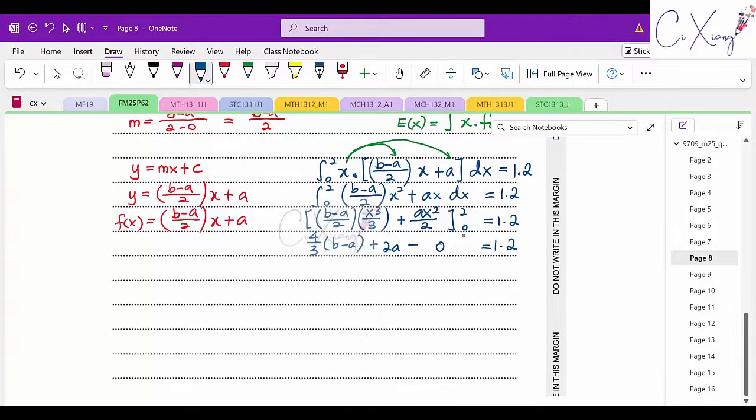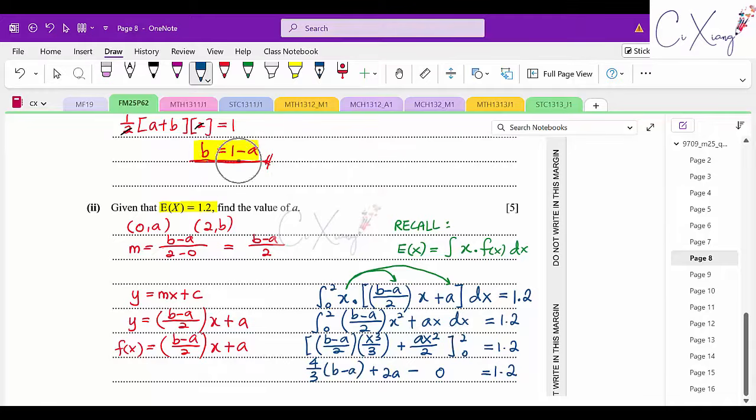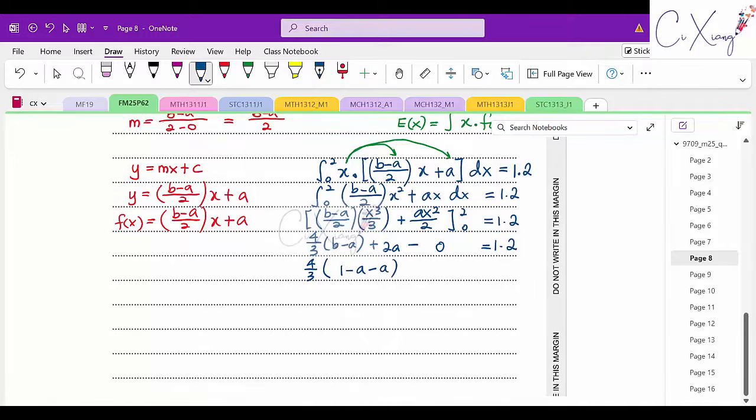Alright, so for this question, because they are asking us to find the value of a, in my solution here, I'm still seeing the b. So I will want to get rid of the b. I substitute my result from the first part, b equals 1 minus a, into my solution here. Okay, so b is 1 minus a, then minus a again, right? Then plus 2a equals 1.2.